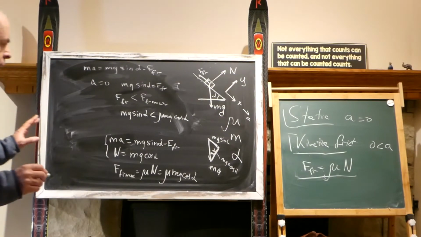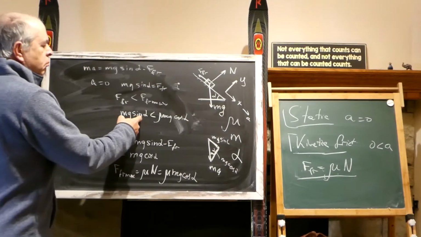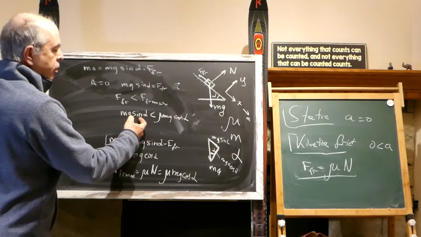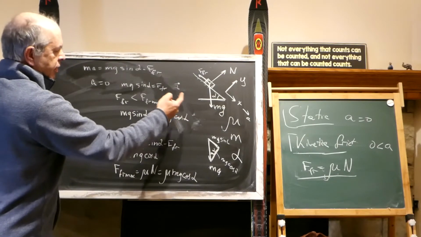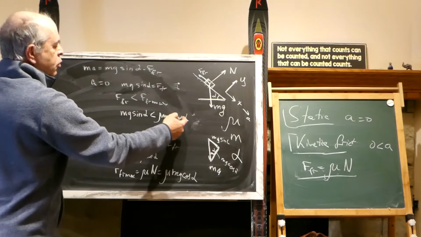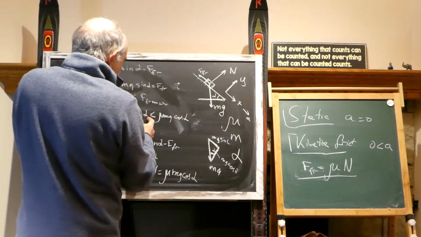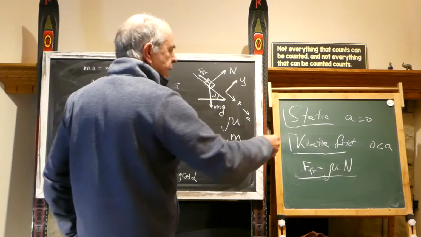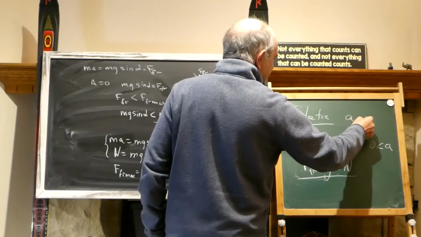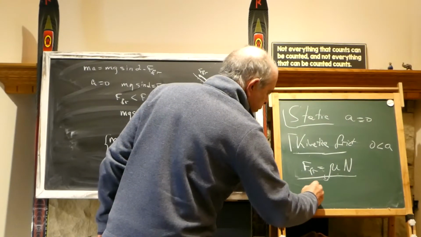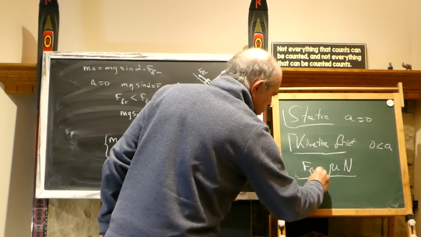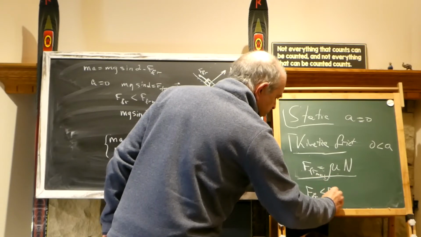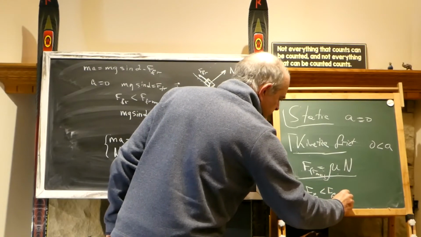If this is the case, if alpha is very small, this is very small, almost 0, and cosine when alpha is very small is 1. So if this value is very small, then we're standing still, we have a static case, A equals 0 and F friction, and I put here friction max actually, is less than F friction max.